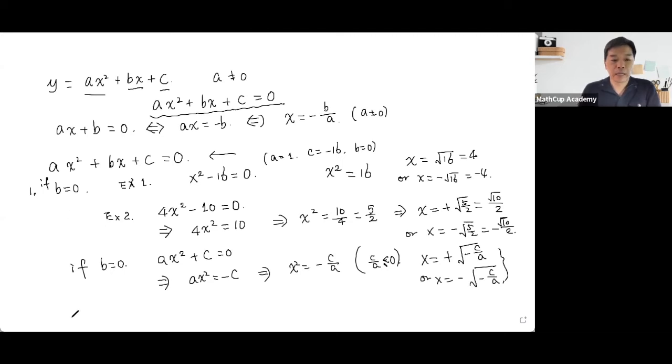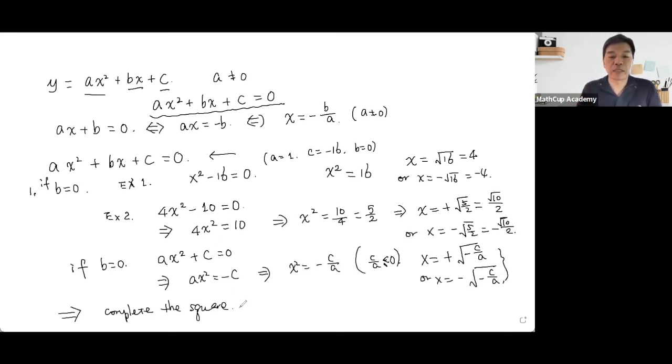And this leads to the solution by the name called completing the square. When we have b terms, we're going to somehow pull the b term into the x squared term, combine that together to become an ax squared term, and we can solve that.